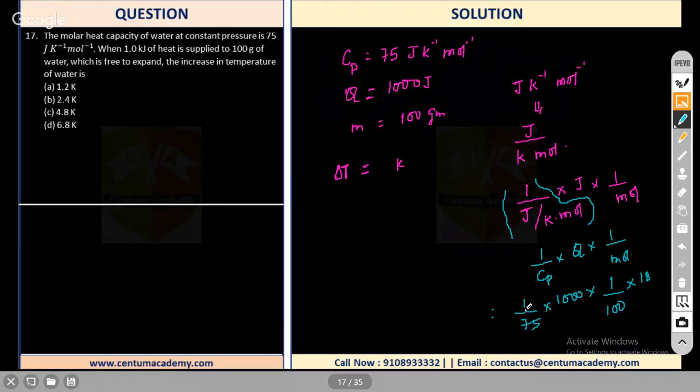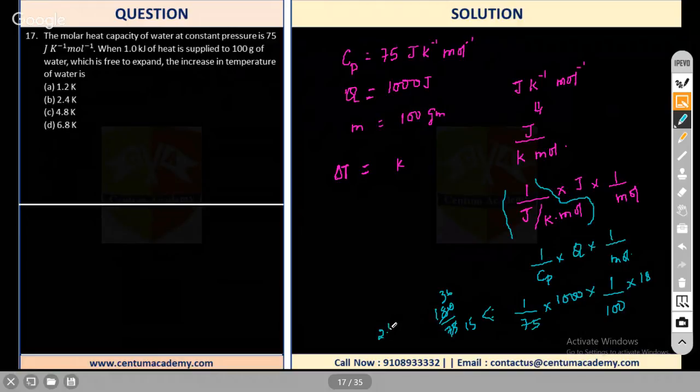When you solve this, you'll get the answer 180 by 75, and that will be 2.4.